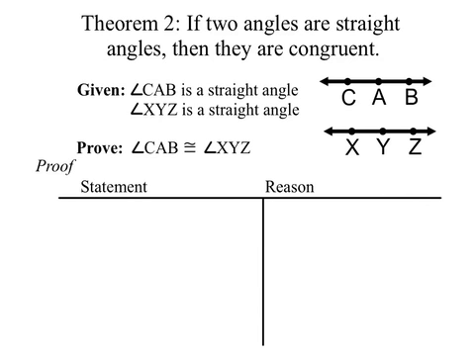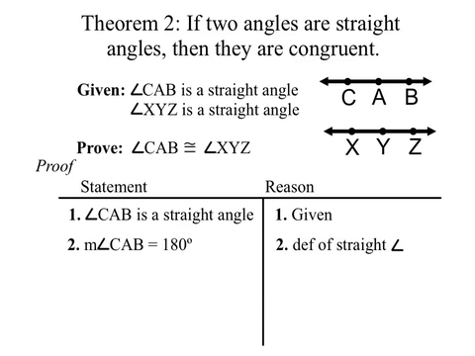Now here's theorem 2, and I've already set it up. If you'd like to stop the video and write your own two-column proof, it's a short one. It's almost identical to the two-column proof for theorem 1 with a few substitutions, but you can write it if you'd like to practice, or you can see mine. Number 1, just like before, we state the given, only this time angle CAB is a straight angle, and that was given.